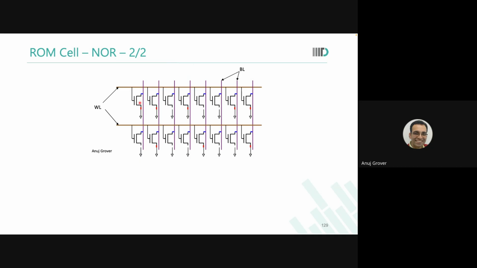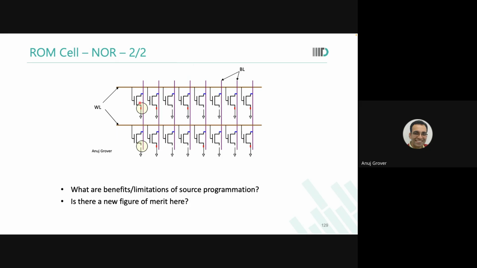That as soon as you want to put a transistor to program a 0, the capacitance will change. Now the drain capacitance becomes visible, otherwise it was not there. So ROM D is not preferred because of two reasons. Is that okay? So over here now, even if there is a change in the programmation across a column, my bitline capacitance remains the same. It is much more deterministic, and I can now handle things in a better way. Is that okay?